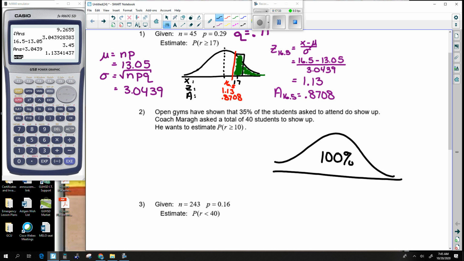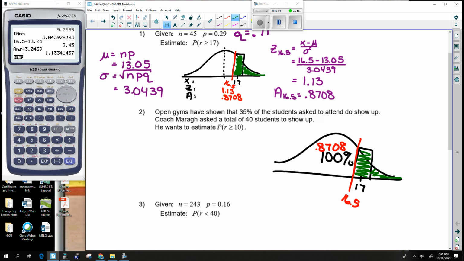So in this very specific case, where I have the 17, I want is greater than or equal to, creating this edge, what I just found is 87.08%. Okay, this is 87%.